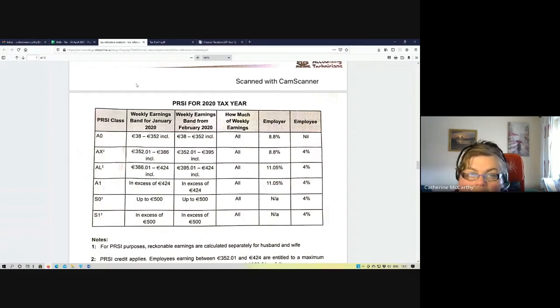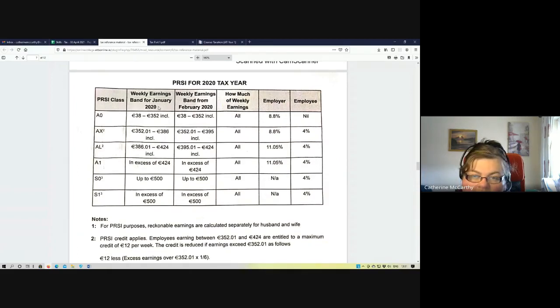Okay, so these are our PRSI rates for our weekly pays here. So there was a change from January 2020 to February 2020, and that's due to the minimum wage going up. So the bands increased for PRSI as well.